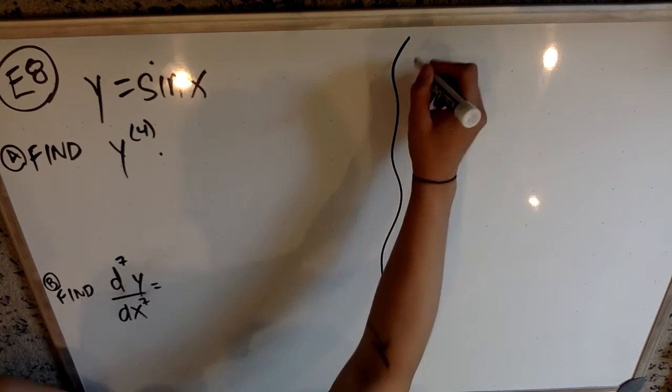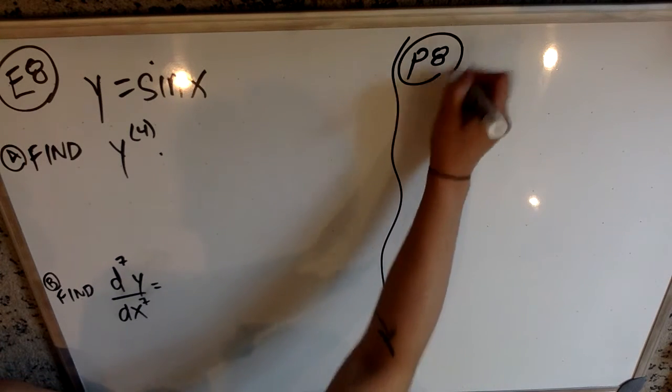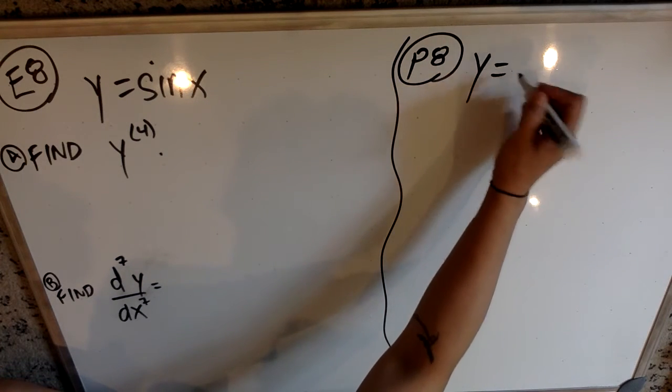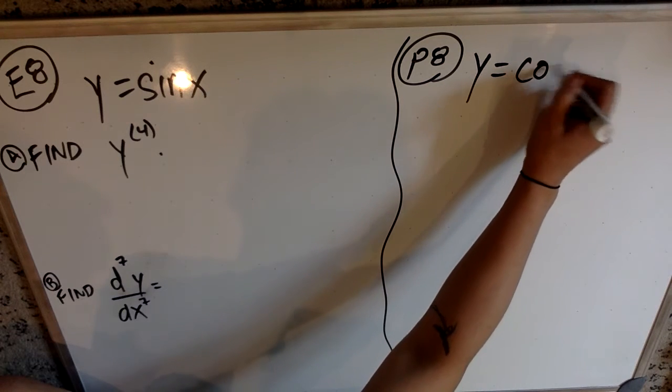Okay, and then for example 9, I'm going to give you y equals, let's do a cosine of x.